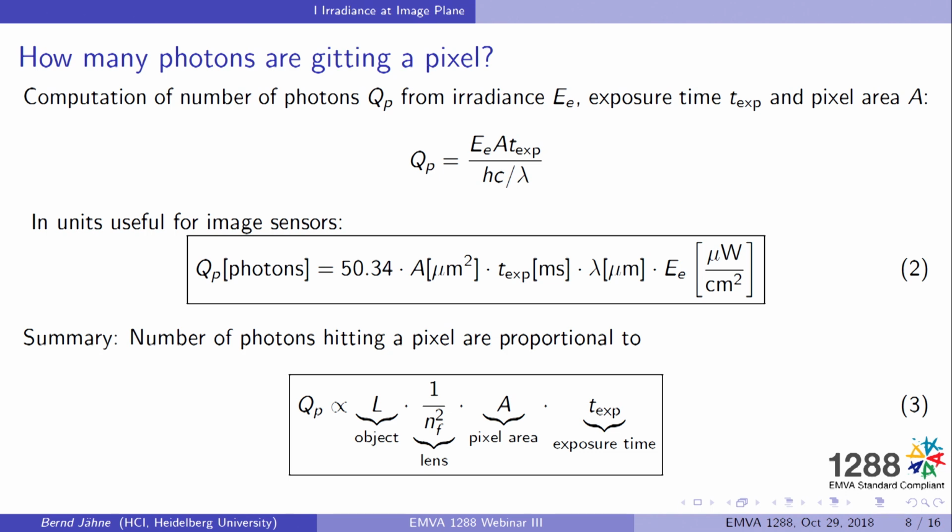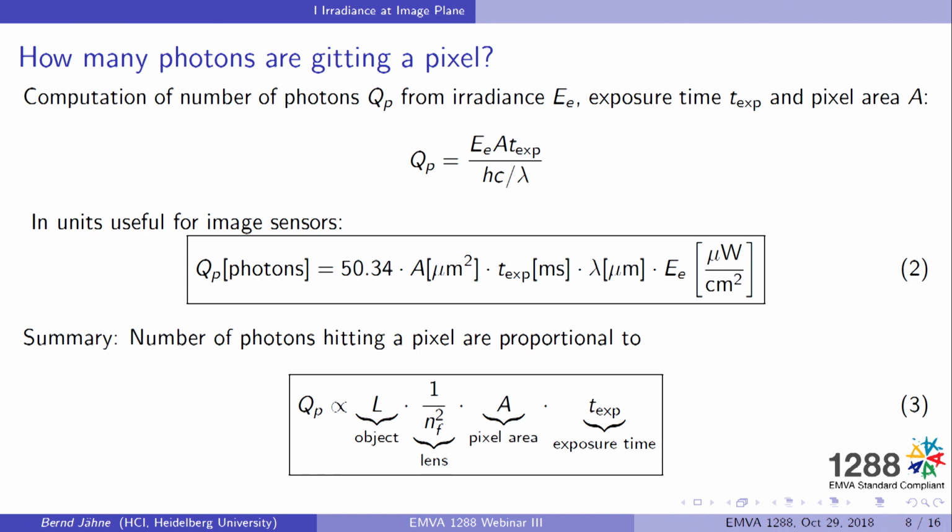We collect it during a certain time, so we multiply it with the exposure time, and we multiply it, of course, also with the pixel area. So out of watts per square meter, we have then basically watt seconds, or this is an energy unit, joule. So then we know actually if we expose our image for a certain time and integrate over a certain pixel area, we get a certain energy.